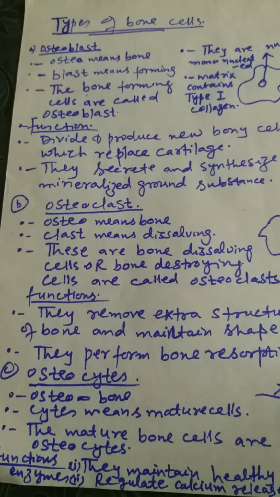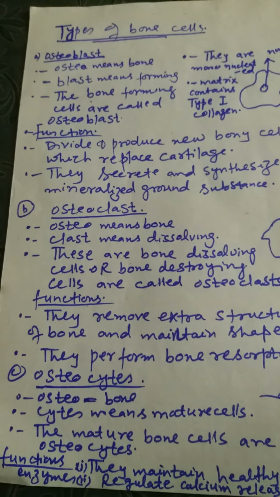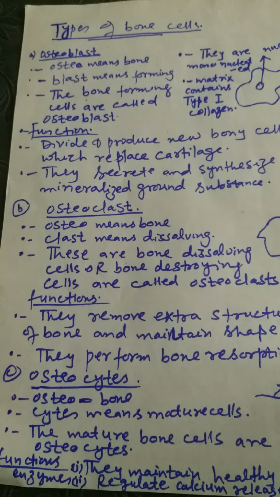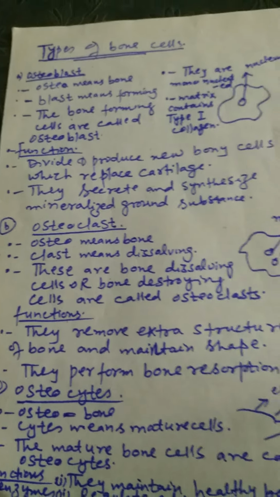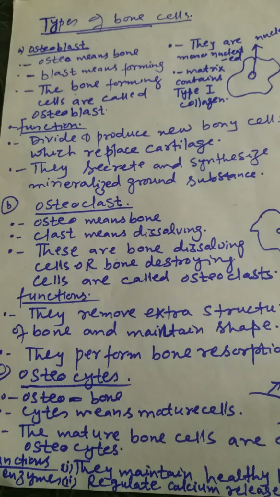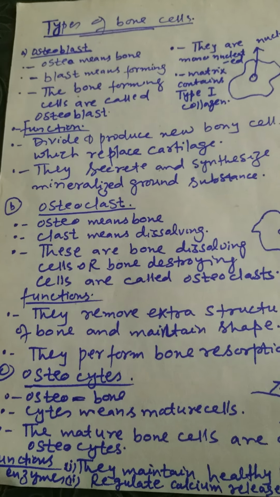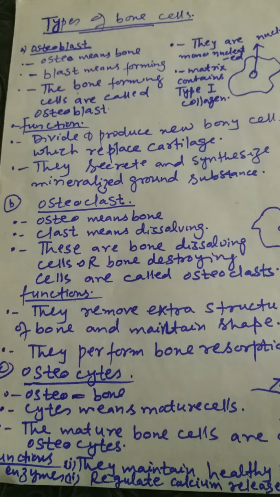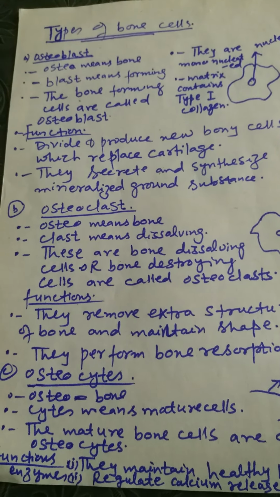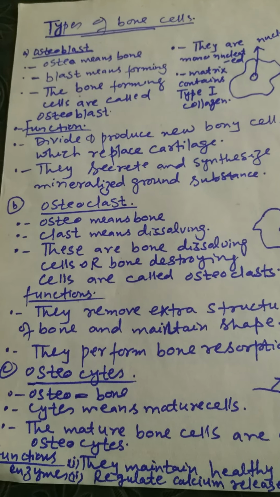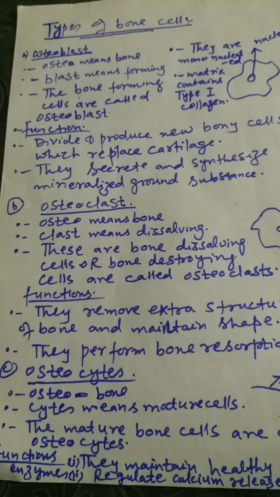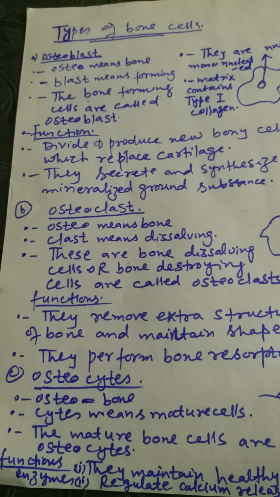Later on, with the passage of time, this cartilaginous skeleton is replaced by bone, but cartilage remains in some parts of the body, like at the tip of the nose, at the end of long bones, in the ear pinna, etc. Cartilage remains in some places. The rest of the cartilaginous skeleton is replaced by bone.